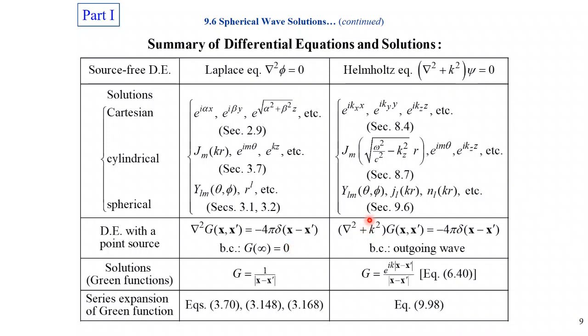For the Helmholtz wave equation with a point source, we have an outgoing wave, and the solution for the Green function is 1 divided by |x minus x prime|, with an extra term here.